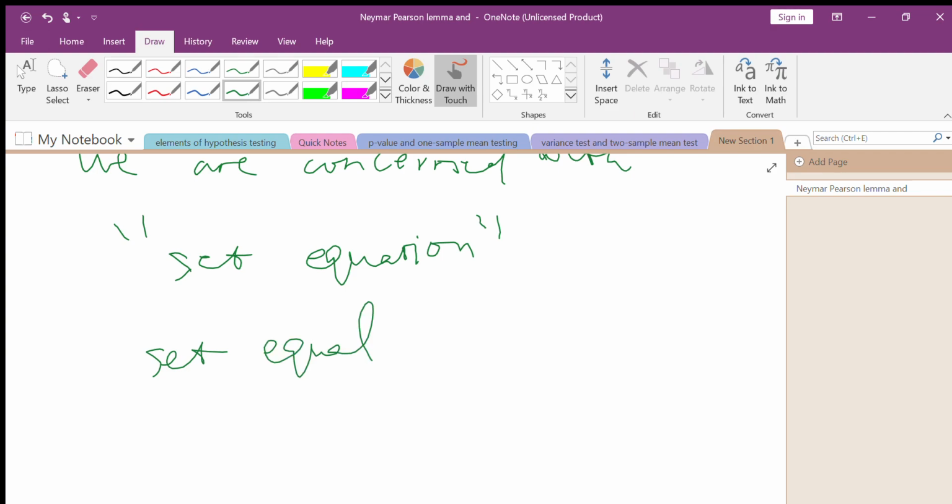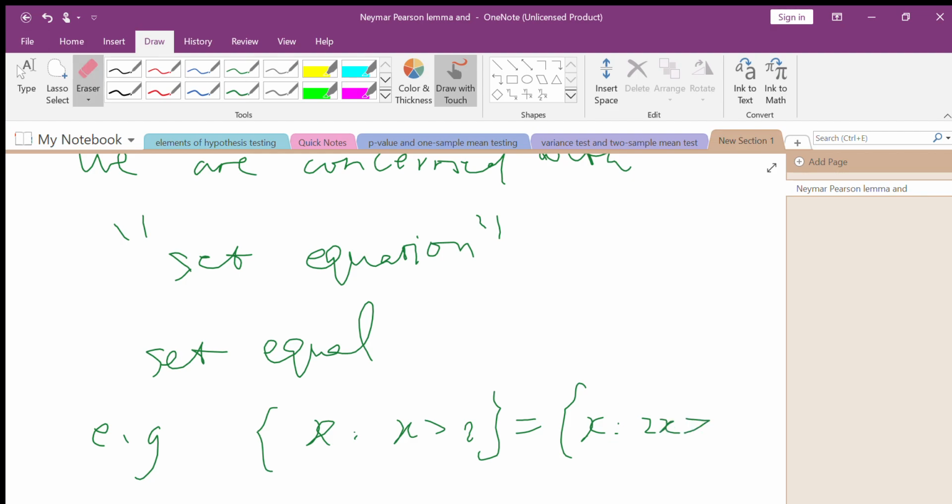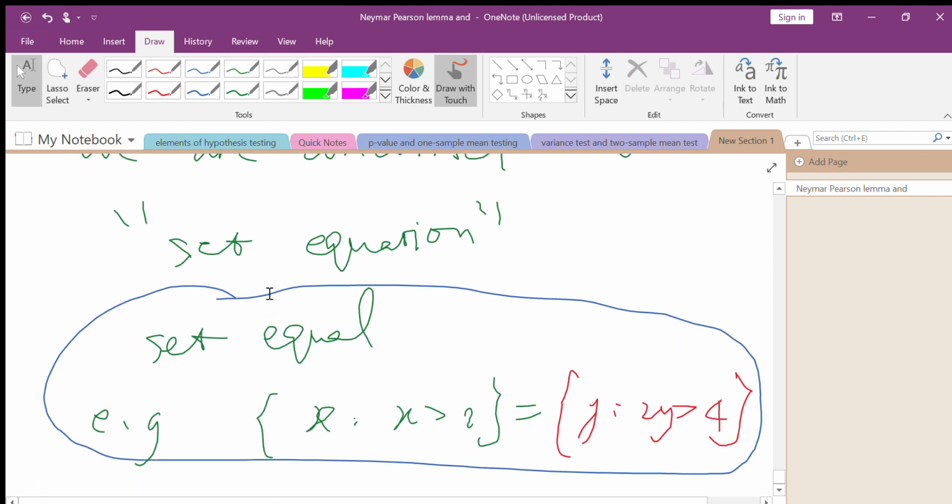For example, x greater than 2 is equal to 2x greater than 4, or 2y greater than 4. So they are equal. So later for set equations, you should keep in mind that set equality means equal in this sense. This is quite important in our derivation for sets.